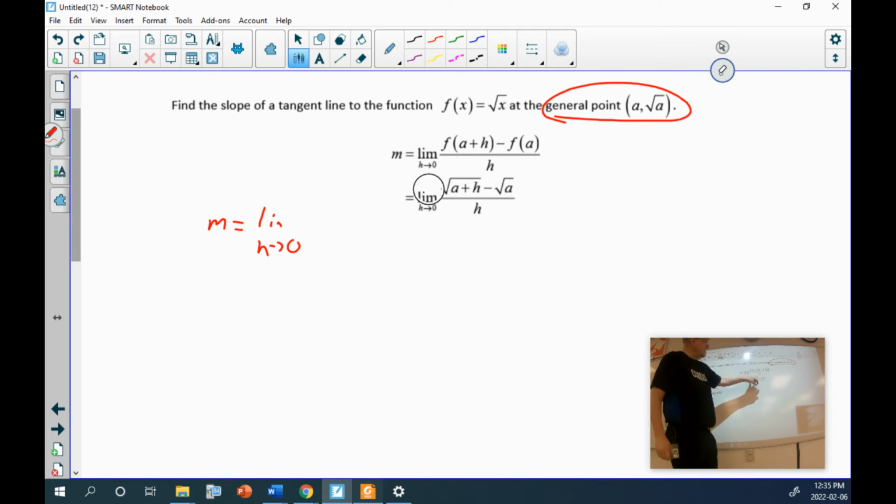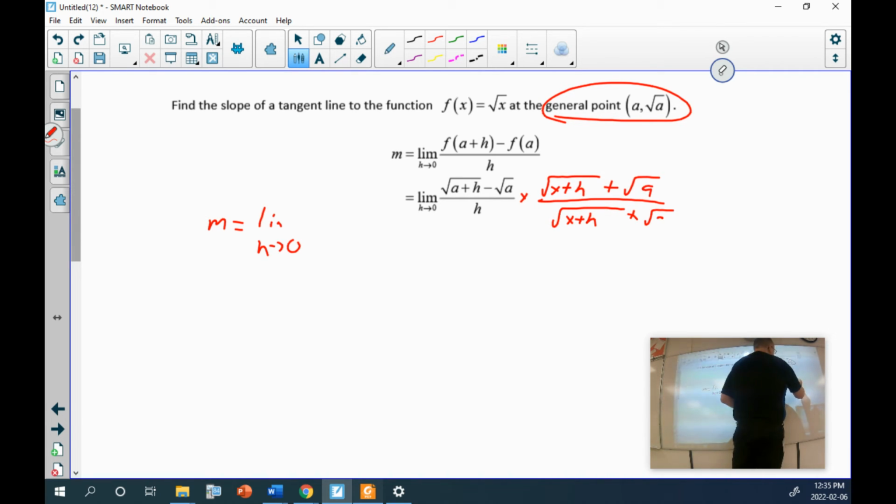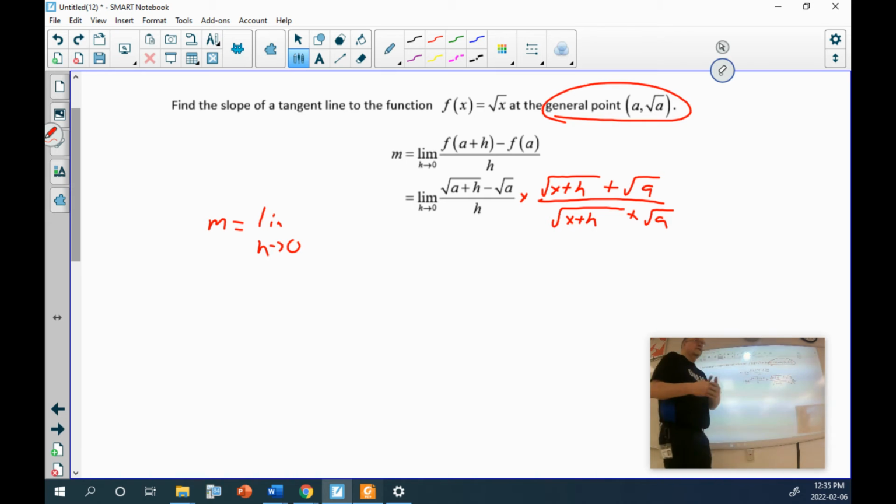Well, we have radicals on the top. We're going to multiply by the conjugates. Essentially, if you see a radical sign on the top and you're doing limits, you're going to have to multiply by the conjugates.